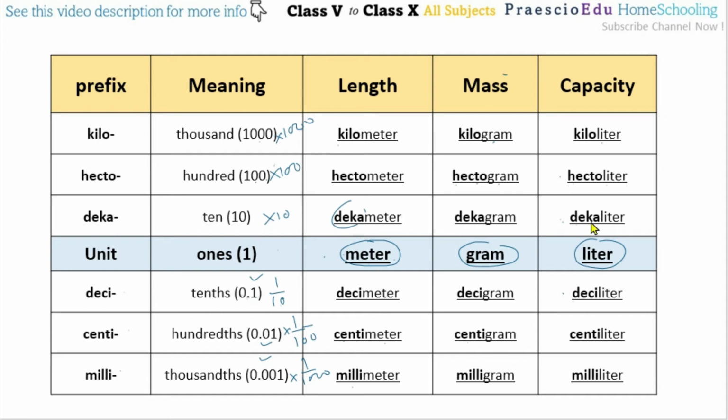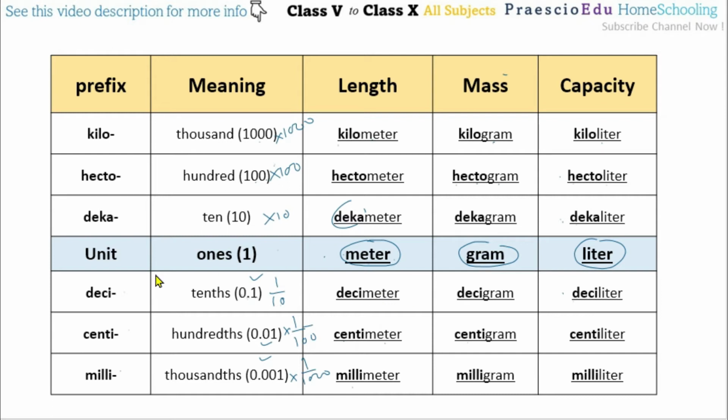That time students don't remember these conversions, and they give wrong answers, so they might lose their marks. So this is very important. Make a jingle of kilo, hecto, decameter, deci, centi, millimeter, and just remember.